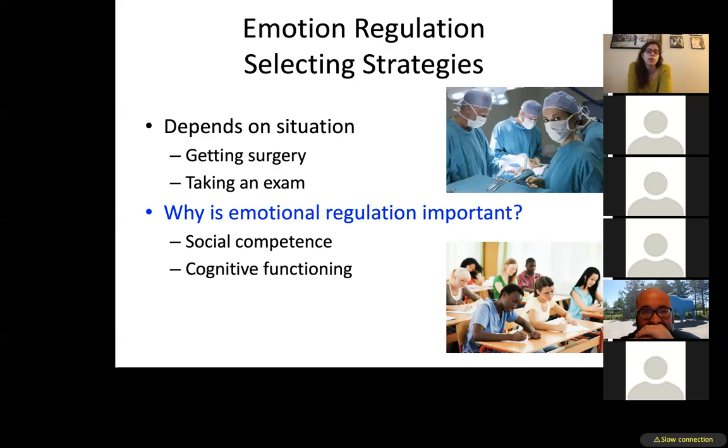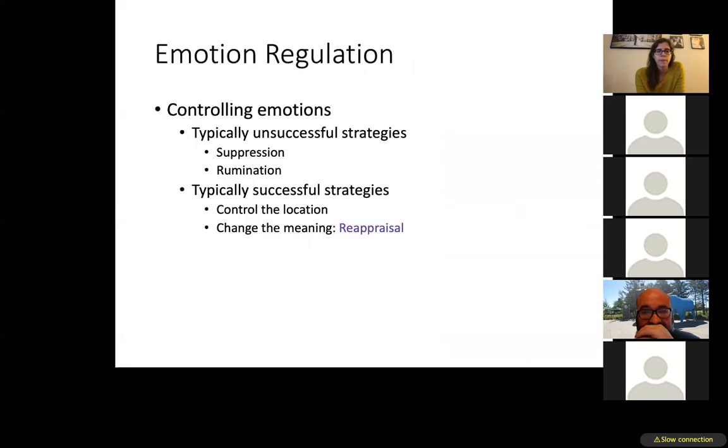That kind of regulation is important. And also for cognitive functioning, because emotion regulation takes effort a lot of the time. So usually when you're better able to do that, it's also going to be related to better cognitive functioning and general aspects as well.